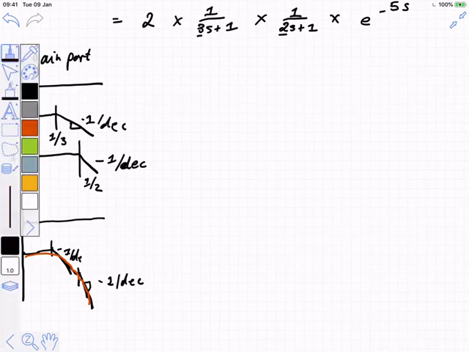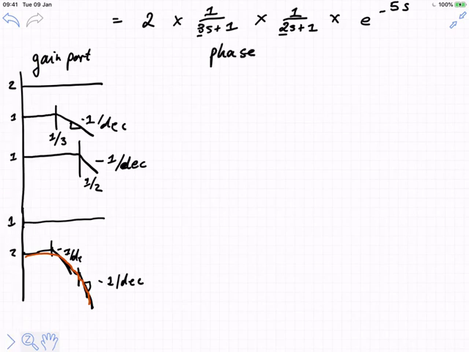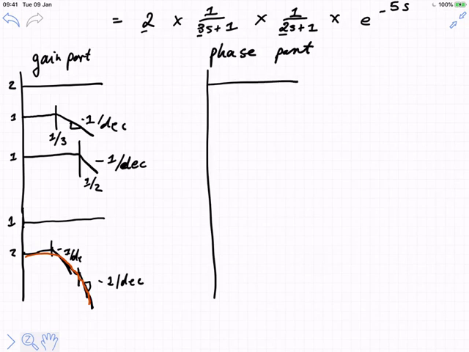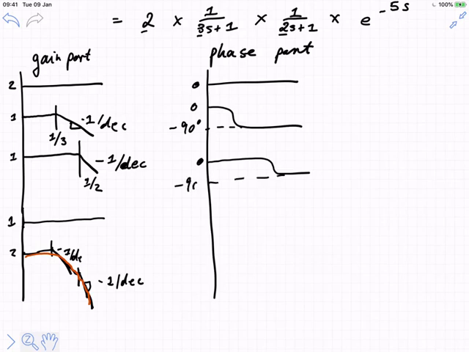Then similarly, phase part, similarly over here, I'm expecting you to know constant gain has a 0 phase angle, that the first order systems both have this kind of thing that goes from 0 to -90 degrees, and that the dead time starts at 0 but then just goes off and it kind of goes infinitely down.